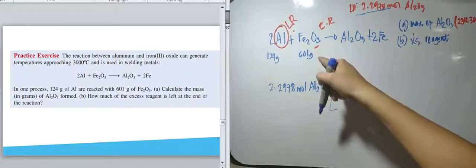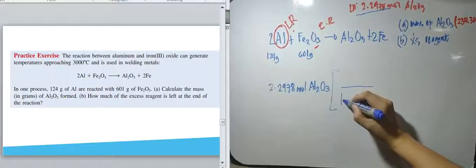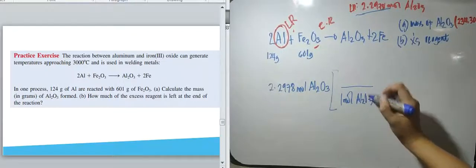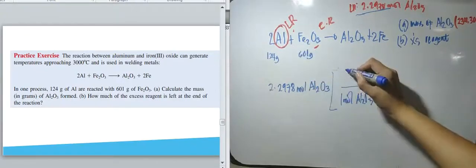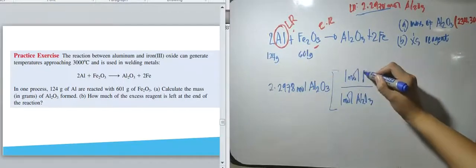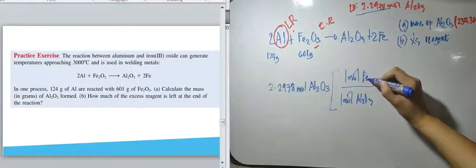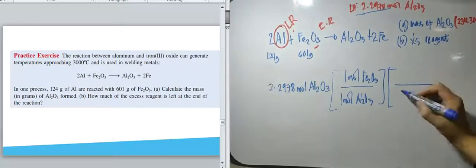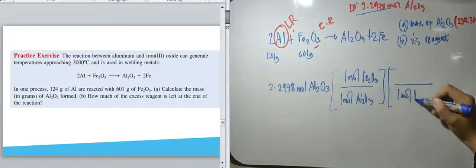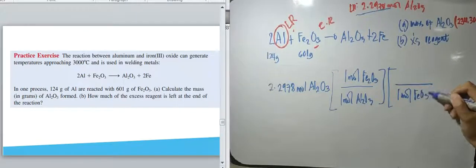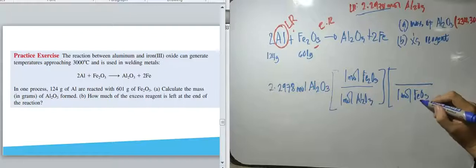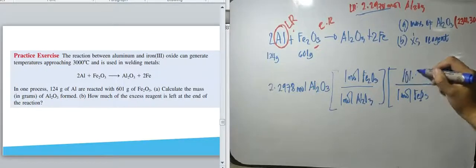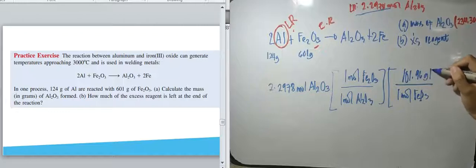So, we have 1 mole Al2O3. We have 1 mole as well of Fe2O3. It has 101.96 grams.